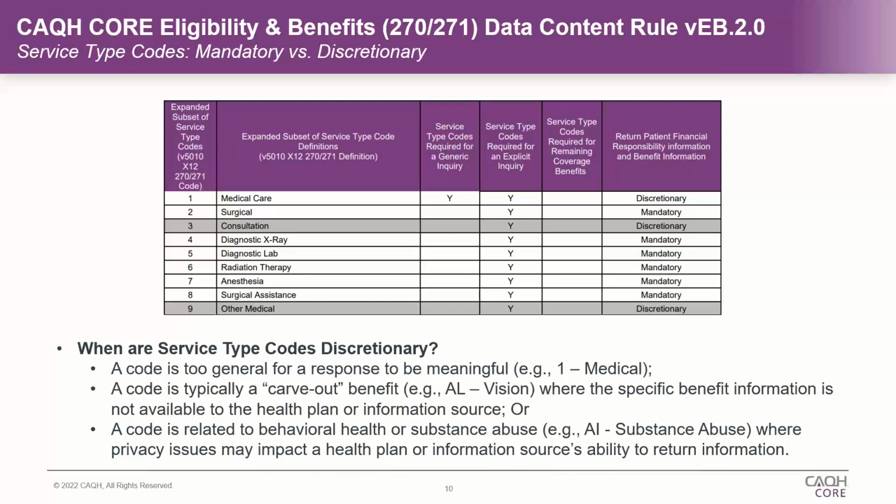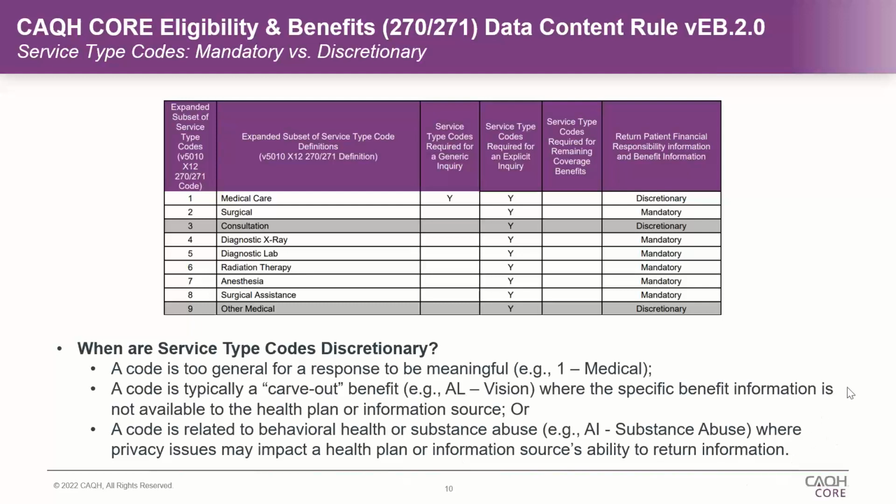It might be really, really generic, like medical care, that might be so generic that you as a specialty provider might not understand what the results are coming back to you. Or the code is a carve out, like vision. You're sending in an AL to a medical health insurance company, but that's been carved out and actually should be farmed or be sent to the vision beneficiary or health plan.